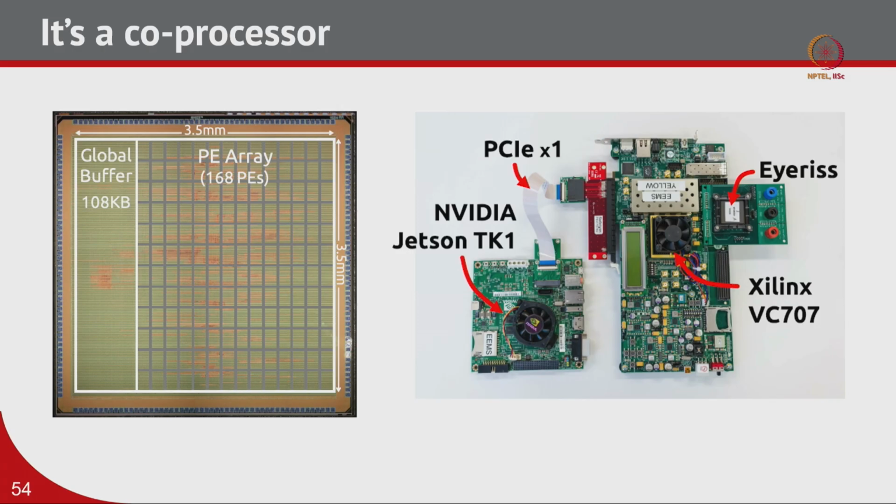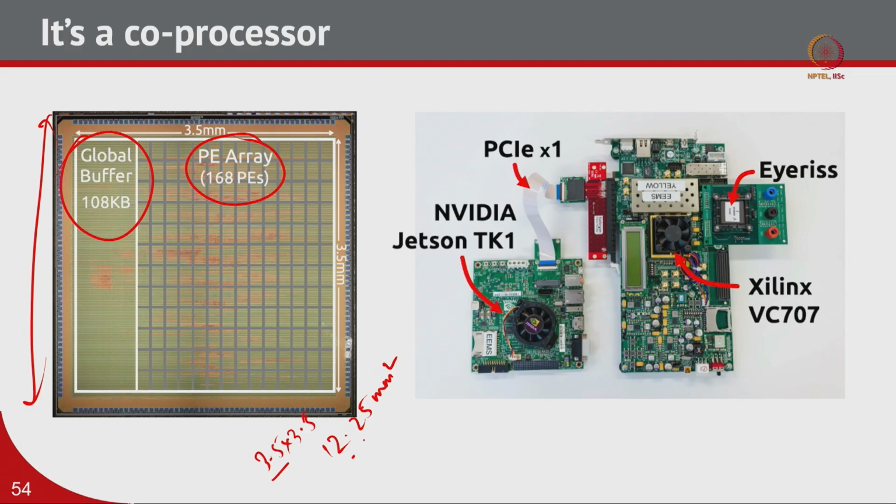This is the picture of the IRIS co-processor, where we have this PE array with 168 PEs, and a global buffer of size 108 KB. This is a 3.5 by 3.5 millimeter chip, which is 12.25 square millimeters. To function, this co-processor needs a host processor.